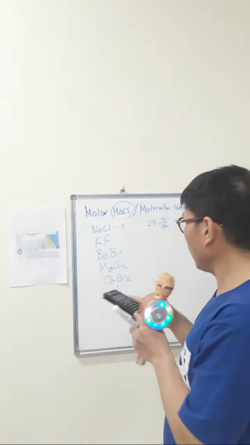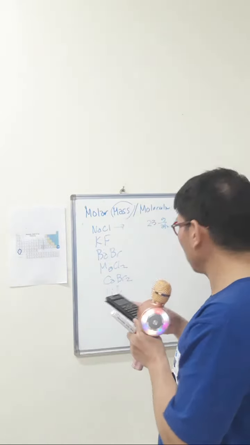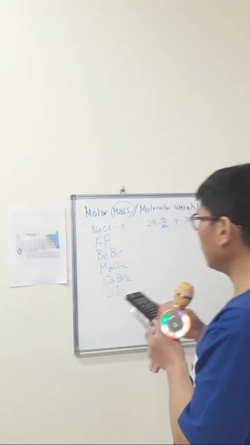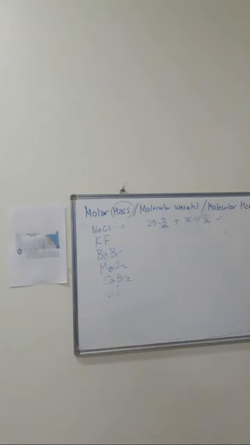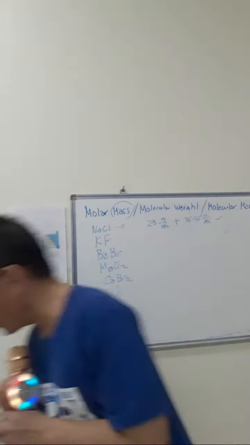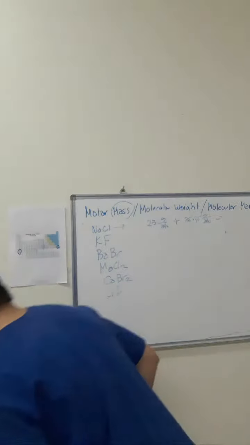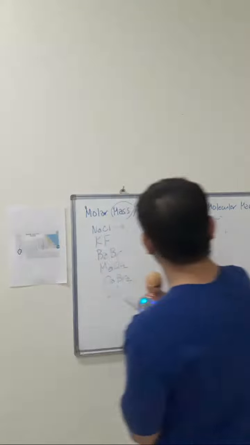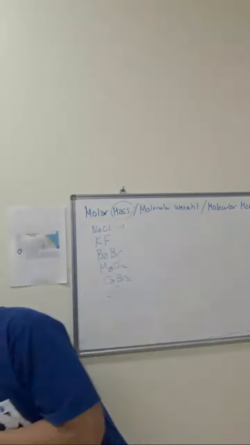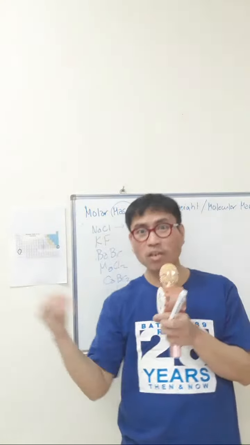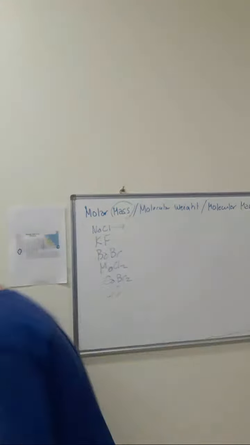So 23 plus 35.45. Your sodium chloride has a molecular weight of 58.45, and now it becomes gram per mole. 58.45 gram per mole, because you add the atoms, atoms plus atoms, it becomes a mole.